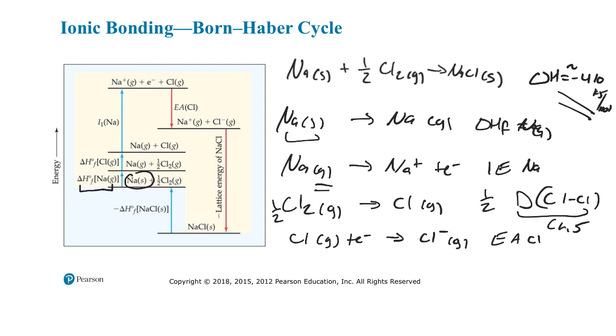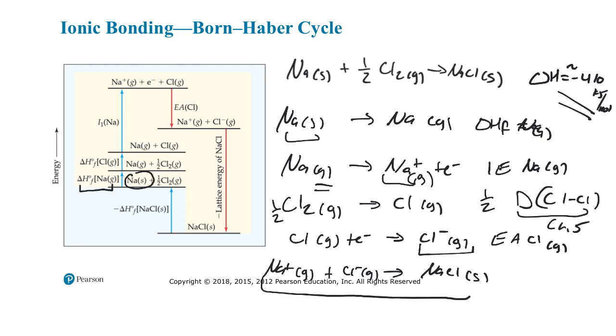So we have the ionization energy of sodium, the electron affinity of chlorine, and then once we have the ions formed of sodium gas and chlorine gas, they can solidify and form that solid lattice in terms of NaCl solid.